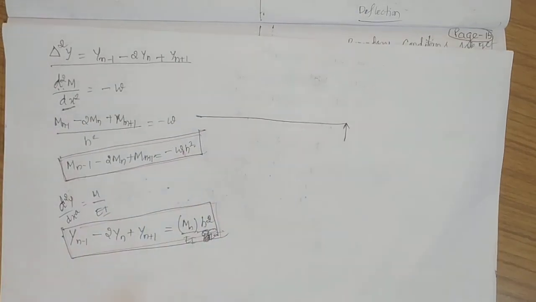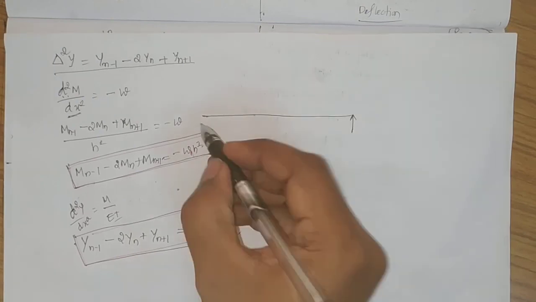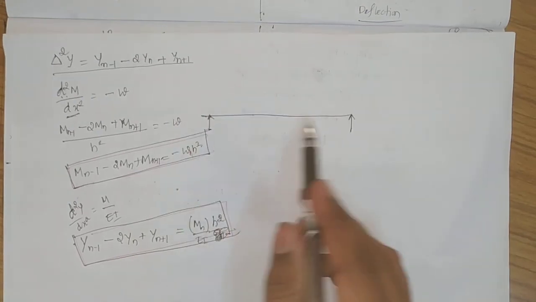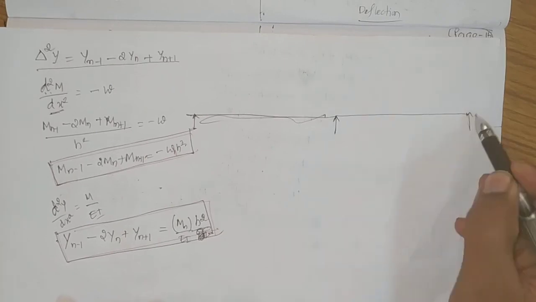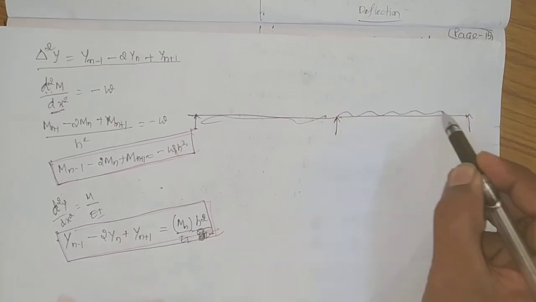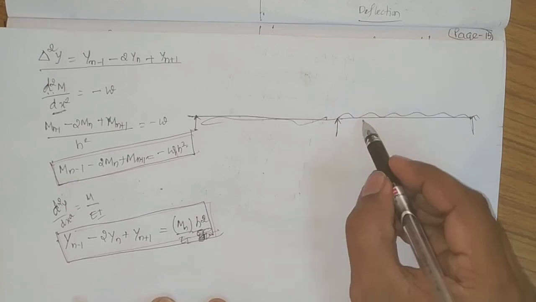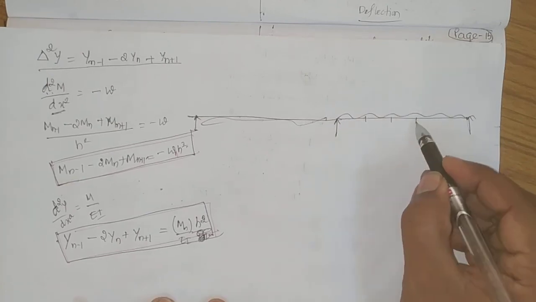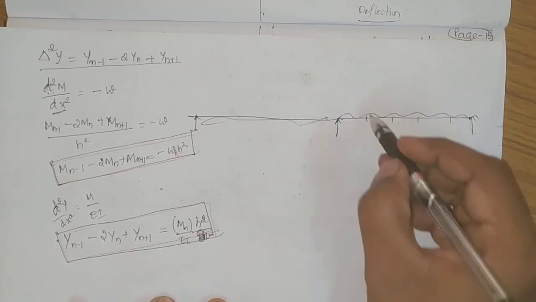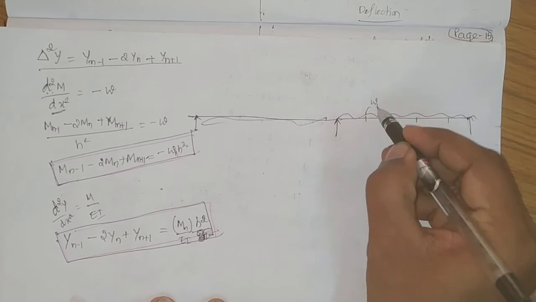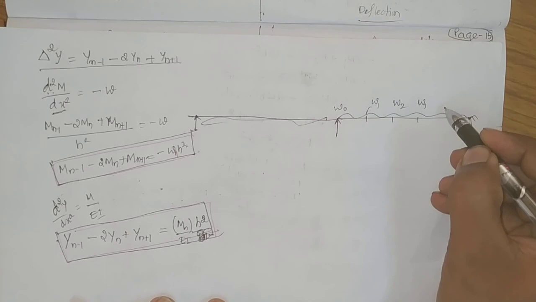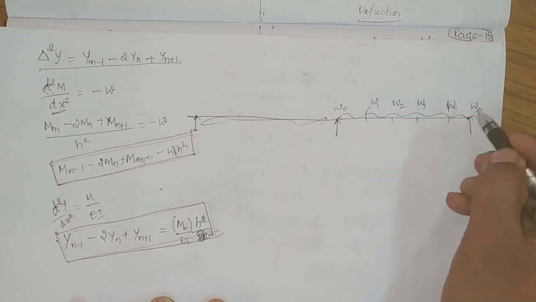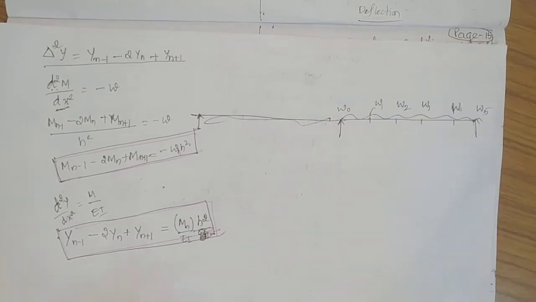And what you need to do in problems is, you will be given a beam with some load. You divide the given beam into a number of pieces, with points 0, 1, 2, 3, 4 and 5. Actually you can divide into an even number of pieces, let it be up to 6.